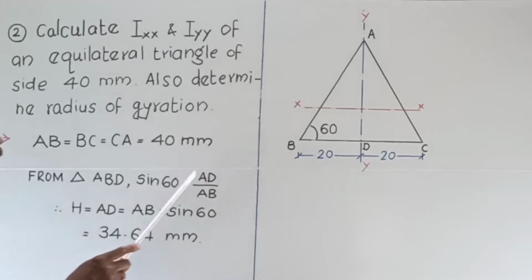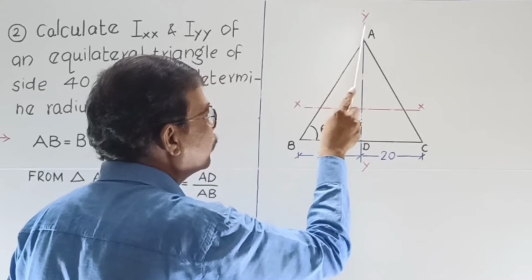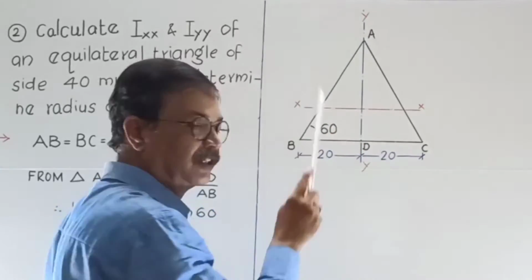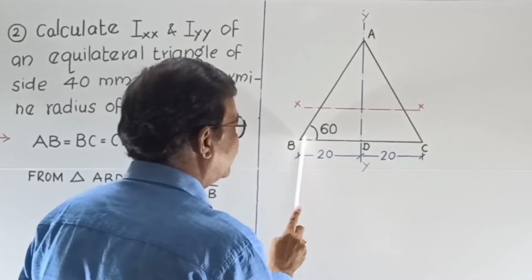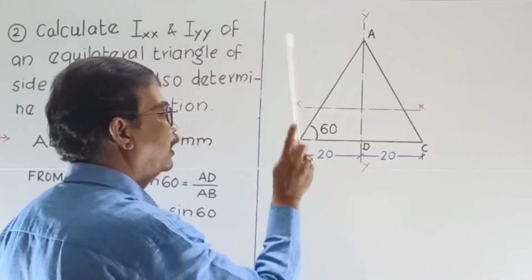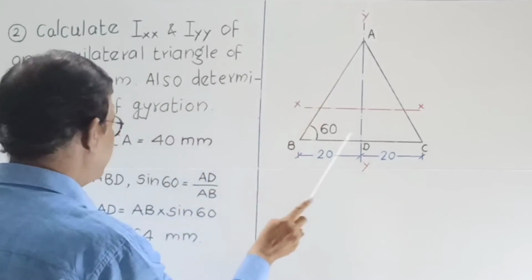Now from this triangle, if I drop a perpendicular from the apex, AD is drawn. For this particular triangle, this is the base and this is the height. To calculate the height, consider triangle ABD.